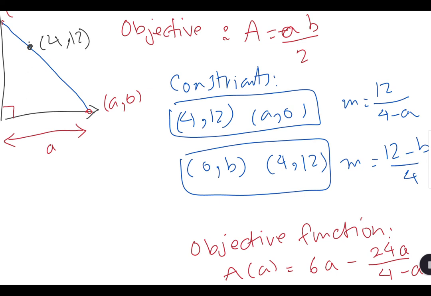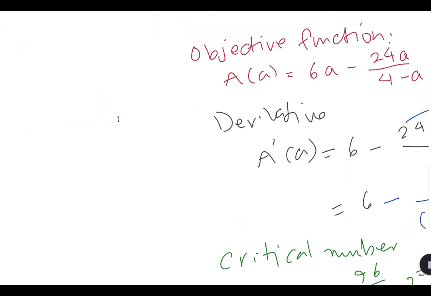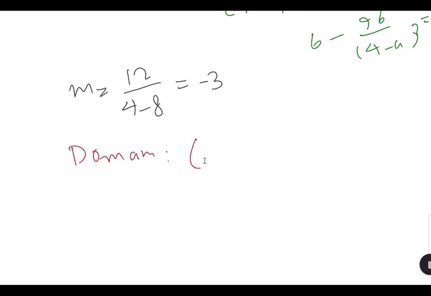If it's over here, it's not going to intersect the y-axis in the first quadrant. It's going to intersect it in the fourth quadrant, between 0 and 4. And therefore, basically, a starts at 4, and we can go to infinity, so the domain is open, 4 to infinity.